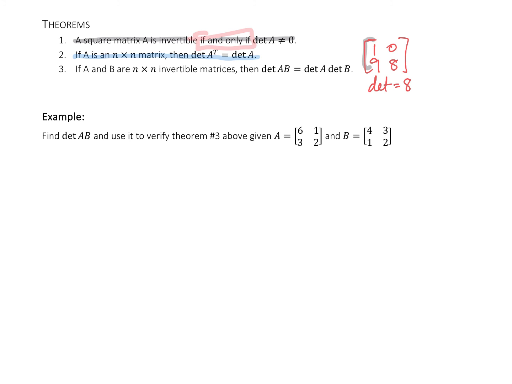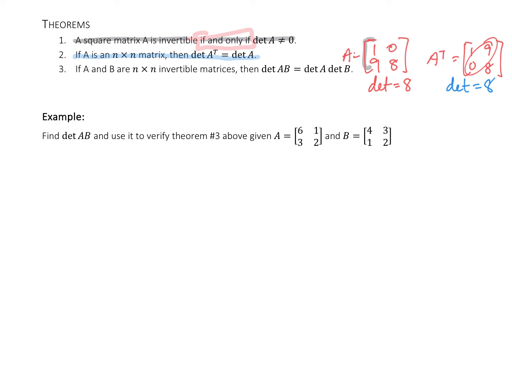Even if I switch those rows and columns, so A transpose is 1, 0, and 9, 8. The only thing that's changed is these guys have switched positions, which means my determinant here is still 8. So if you can find the determinant of A, you can find the determinant of the transpose with ease.